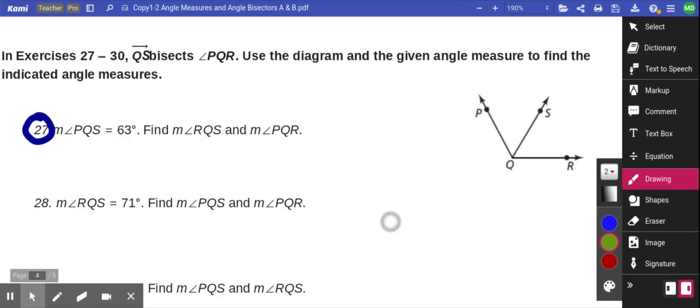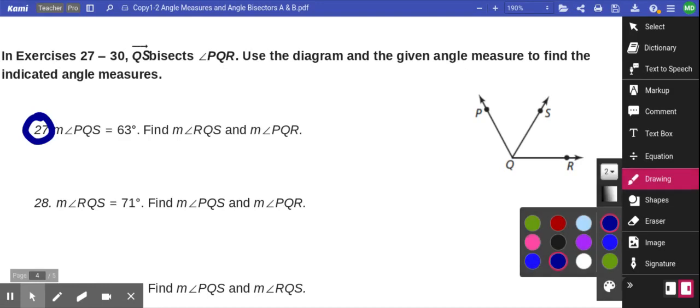One of the last problems we're going to talk about today is number 27. Looking up here, it says ray QS bisects angle PQR. So here's angle PQR, and we have an angle bisector, QS.